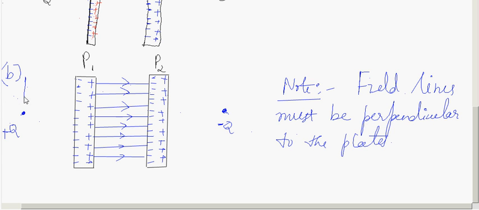So from plus Q they will start, and when they reach this conductor P1 they should be perpendicular.